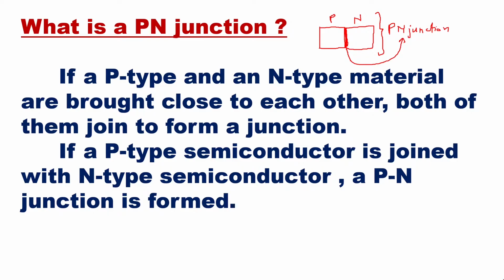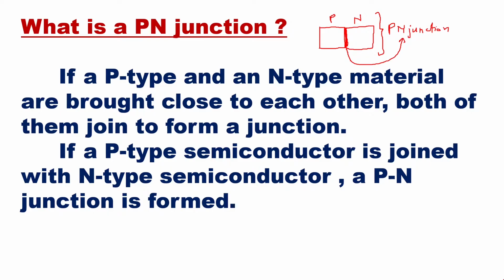Those are technical points we will not speak about here. We'll just say that a p-n junction is one where a p-type and n-type material are brought close to each other, and both of them join to form a junction.